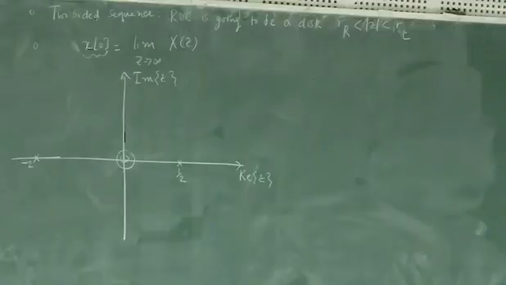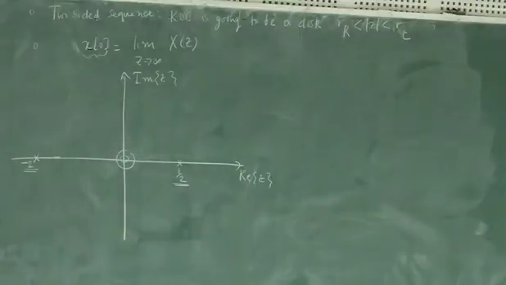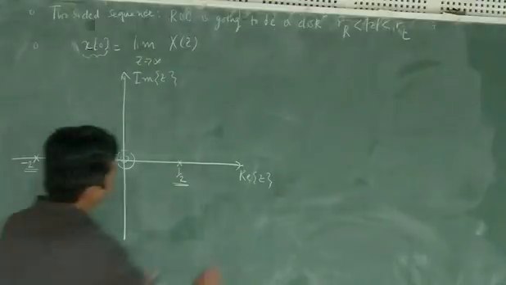right? And how many poles does it have? 2 poles, right? So one at -2 and one at 1/2, right? Now what are the possible ROCs we could have for such a system of poles and zeros? Okay, so we have one ROC.